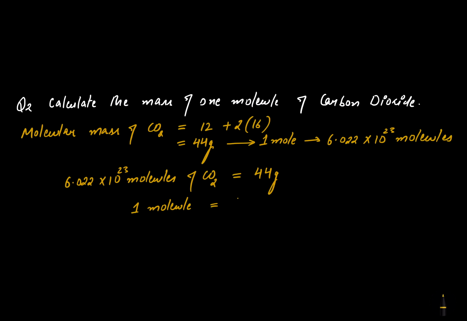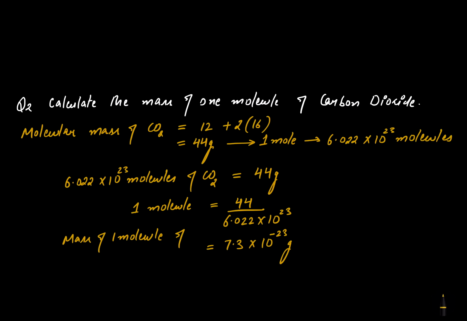It comes out to be 44 divided by 6.022 into 10 raised to power 23, and this answer comes out to be 7.3 into 10 raised to power minus 23 grams. That's the mass of one molecule of carbon dioxide. Hopefully, my dear students, you got the second numerical. Now let's move to the third one.